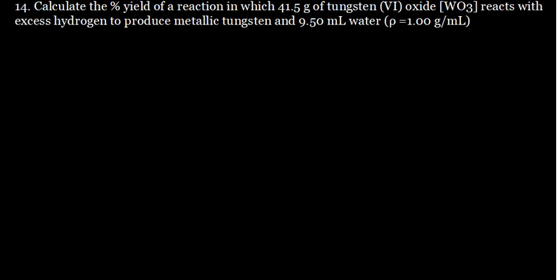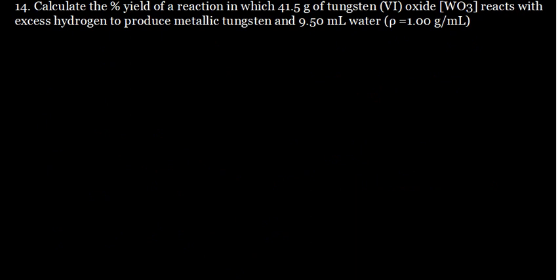And the very last question in this drill sheet: calculate the percentage yield of a reaction in which 41.5 grams of tungsten 6 oxide reacts with excess hydrogen to produce metallic tungsten and 9.5 grams of water.